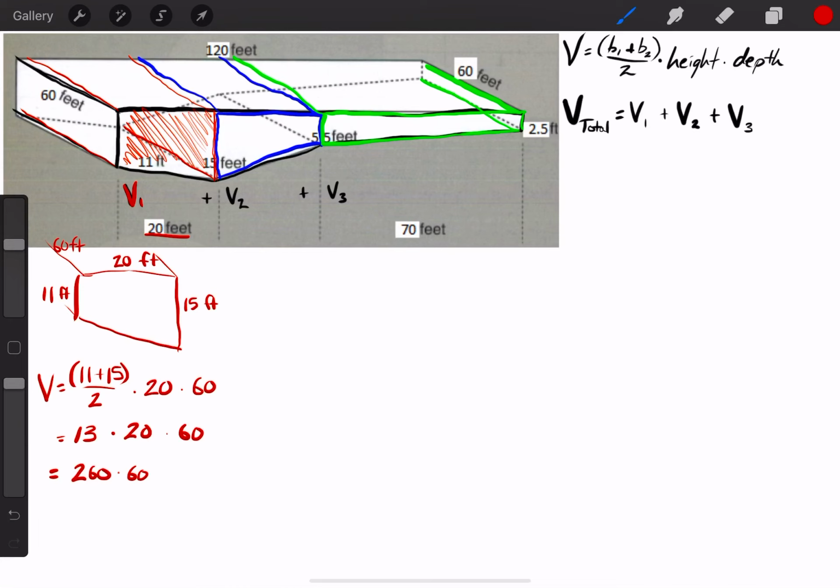The reason I calculated that separately is just to illustrate a point, which is that the 260 number is the surface area in feet squared of that face. And now for the volume, we're going to take that and multiply it through this third dimension. Take that 260 number, multiply it by 60 for a volume.